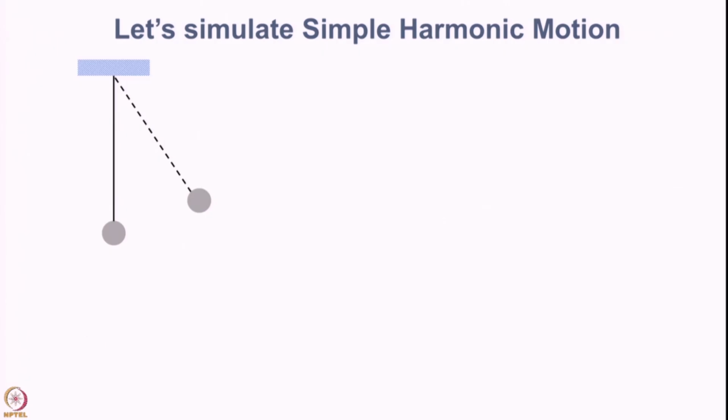Here is a typical figure of a pendulum, and we can define this point as 0 and perhaps this as +1, +2, +3 and so on, and perhaps here as -1, -2, -3 and so on. So, this initial position we typically denote as the equilibrium position.